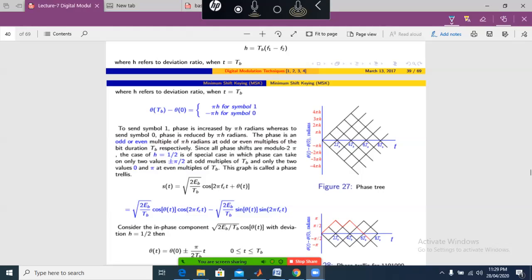So if we assume that the value of h is equal to 1 by 2, which is very specific for MSK. In MSK, we assume that the value of h is 1 by 2. So the value is plus pi by 2 for symbol 1 and minus pi by 2 for symbol 0. In this case, we see the trellis structure.